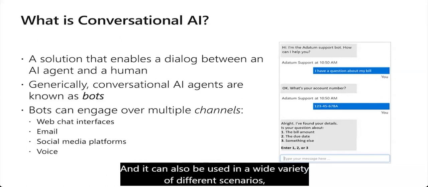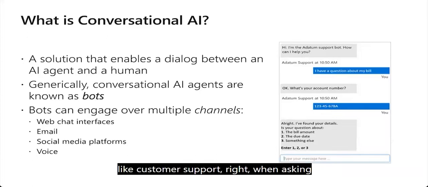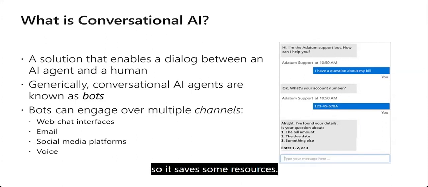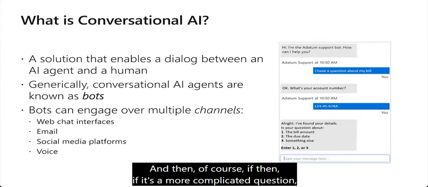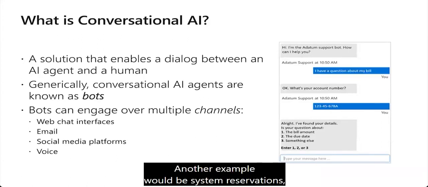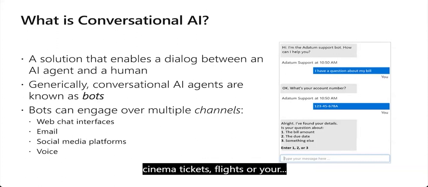And it can also be used in a wide variety of different scenarios, like customer support, right? When asking frequently asked questions, instead of having a resource dedicated to answer those, you could use a bot. So it saves some resources. And of course, if it's a more complicated question, you can always hand it off to a human customer service representative. Another example would be system reservations, cinema tickets, flights, or a table at your favorite restaurant.